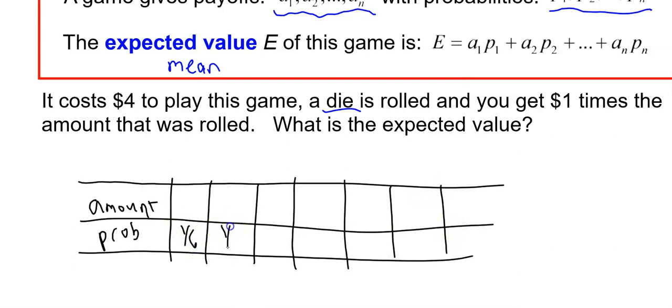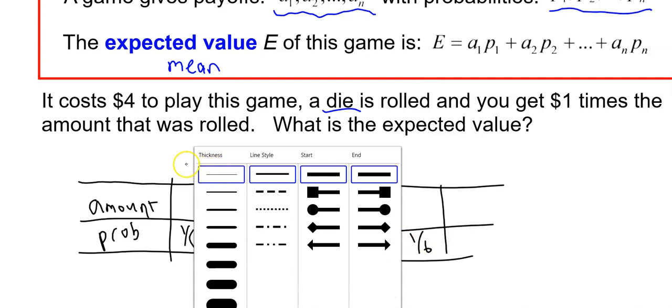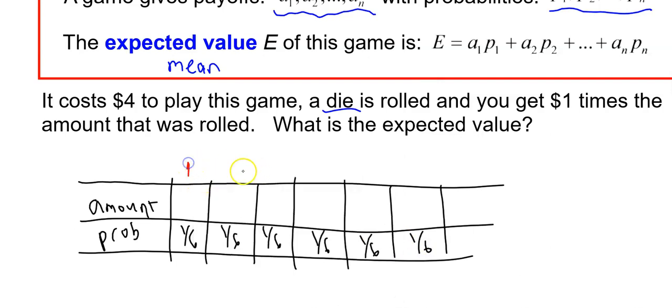You can roll a 1, you can roll a 2. They're all equally likely when you roll a die. At the top, you could put your 1, 2, 3, 4, 5, and 6. Those are your different outcomes that you can have.